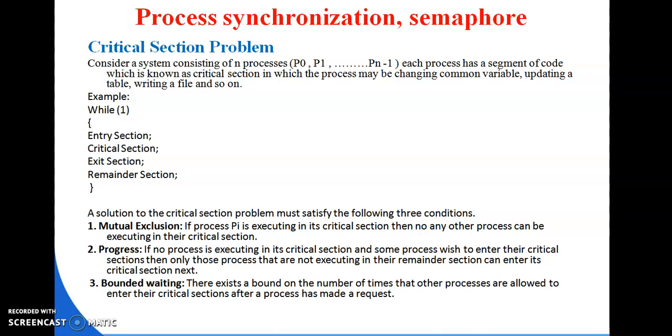So first, mutual exclusion: if process Pi is executing in its critical section, then no other process can be executing in its critical section.